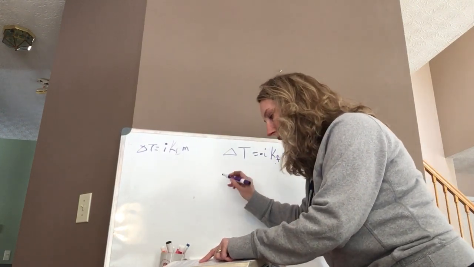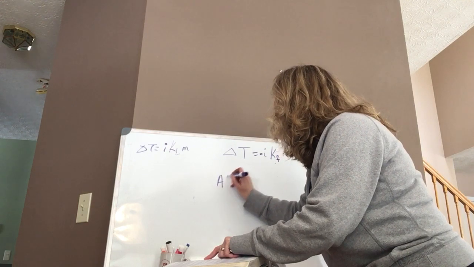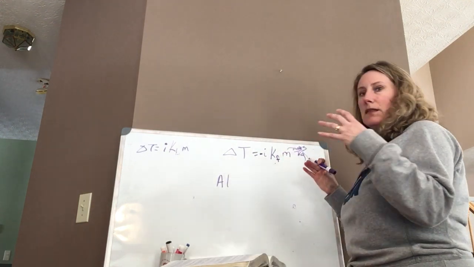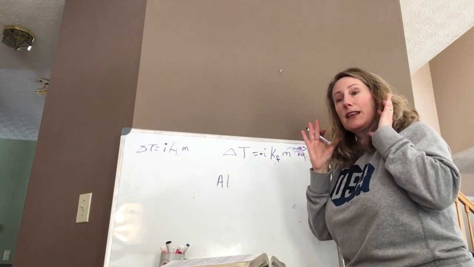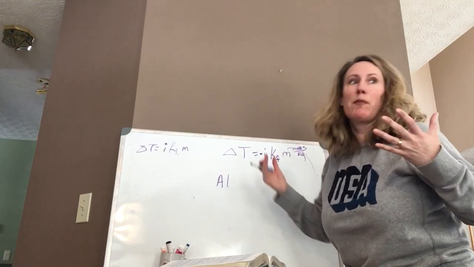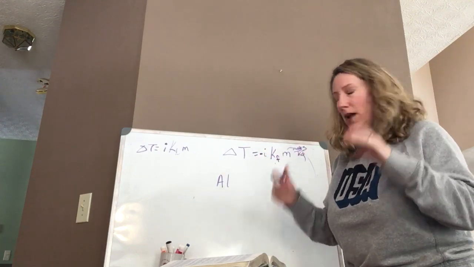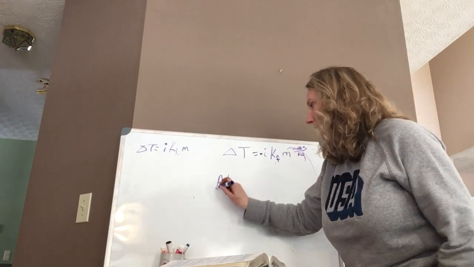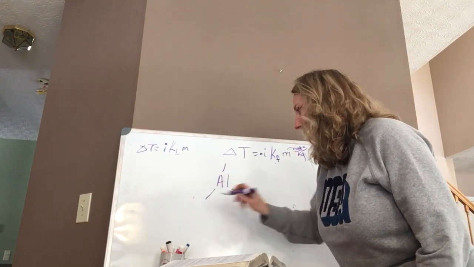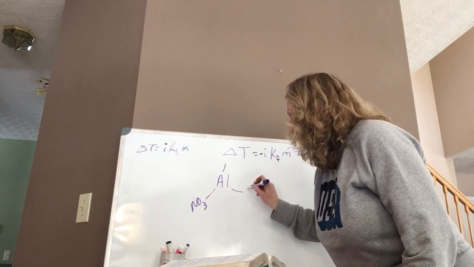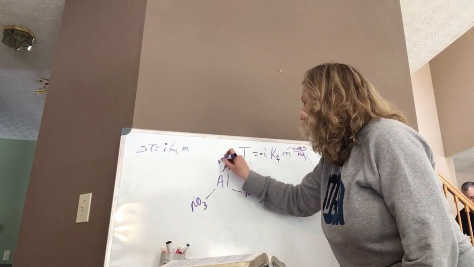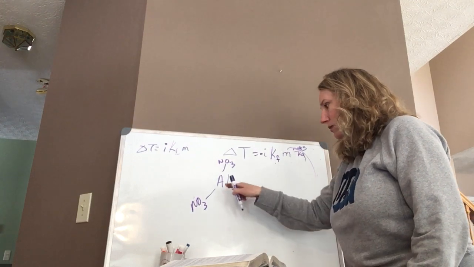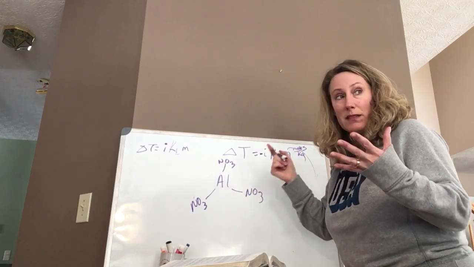So if we have, remember, Al(NO3)3, the parentheses means that it's a polyatomic ion, right? You've memorized, I'm sure. You know that one. So what does that mean? That means there's 3 of those groupings. That means it looks something like this with NO3 here and NO3 here and NO3 here. Because it's 1 aluminum, it's positive 3.